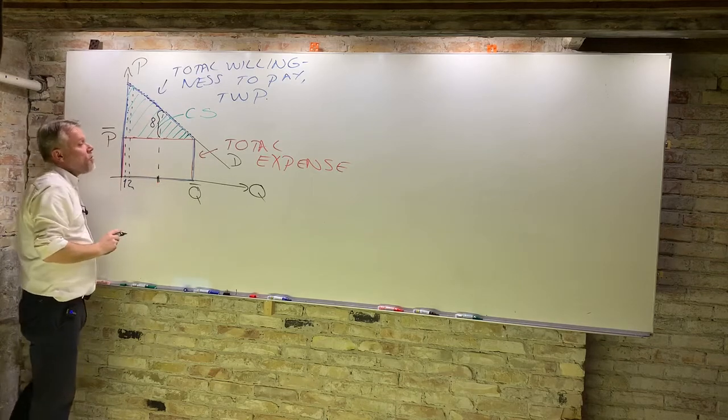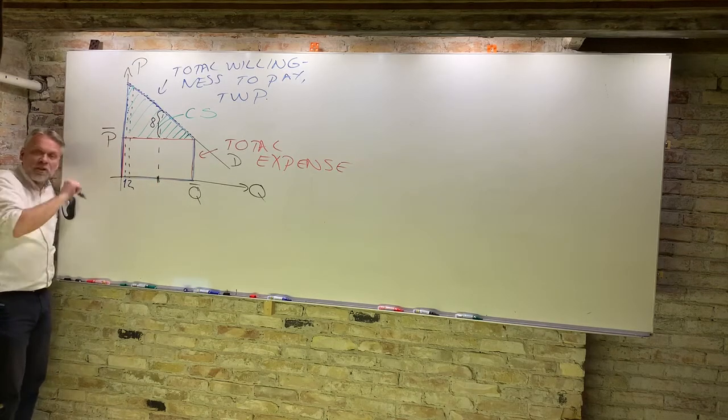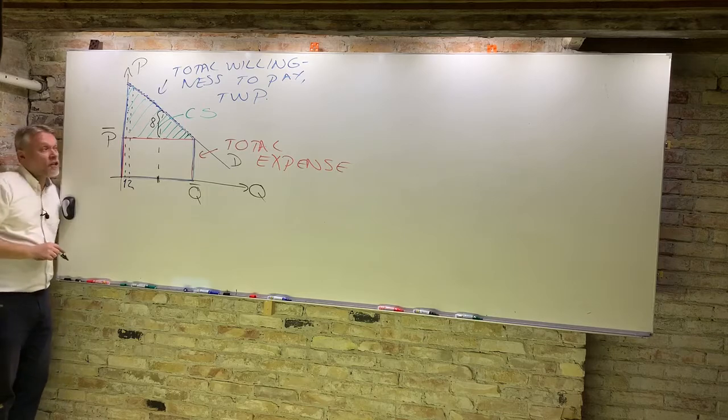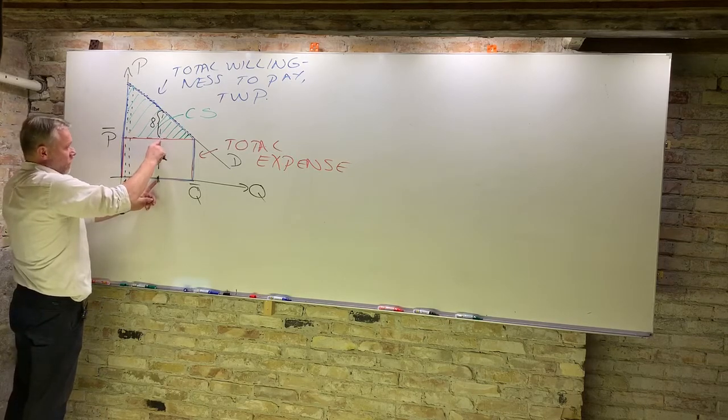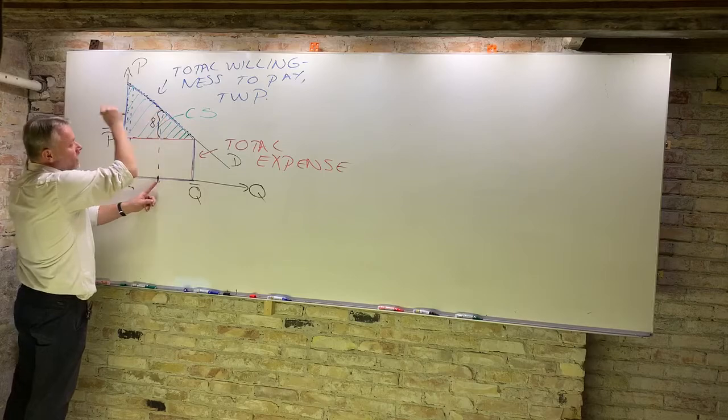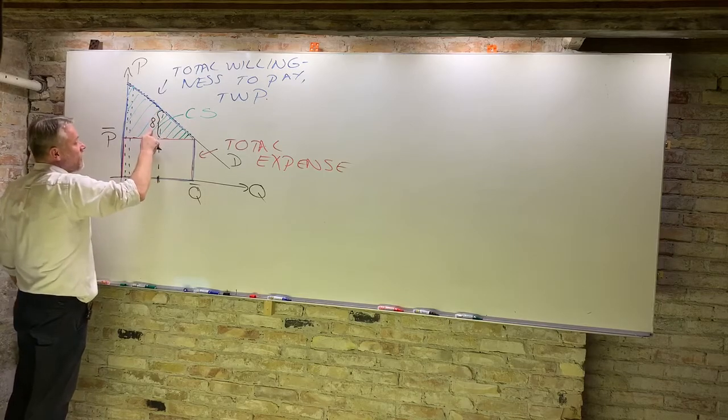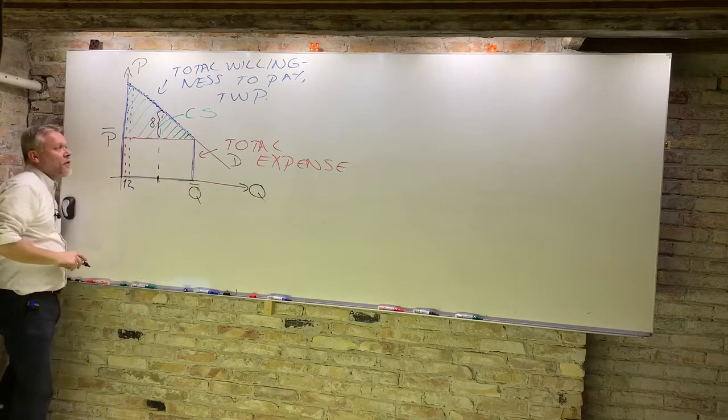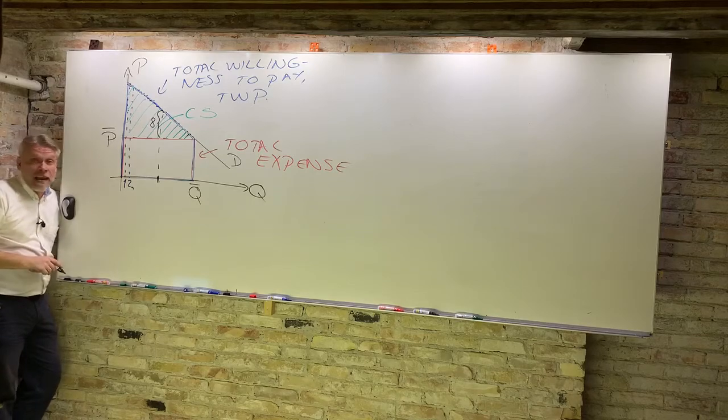In other words, by buying that pair of jeans, you obtained a consumer surplus. You saved something in what you paid compared to what you were willing to pay. And if the answer to your question is 8 kroner, then you had a consumer surplus of exactly 8 kroner.